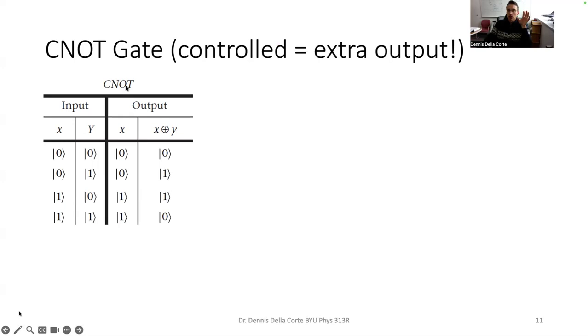The CNOT gate is a controlled NOT gate, but what it actually calculates here, you see, is that neither of these is the NOT of the other one.